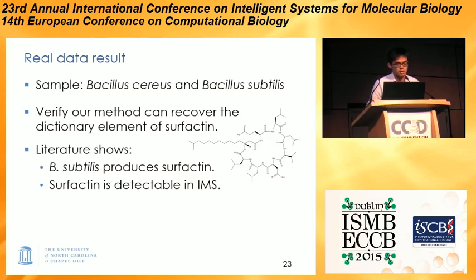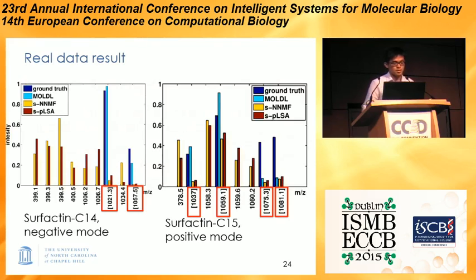We construct the ground truth dictionary element of surfactant with experiments with purified surfactant. We then compare our dictionary element recovered from IMS data with the ground truth dictionary element. This is the comparison result in the negative mode and in the positive mode, which are both experimental settings in IMS.